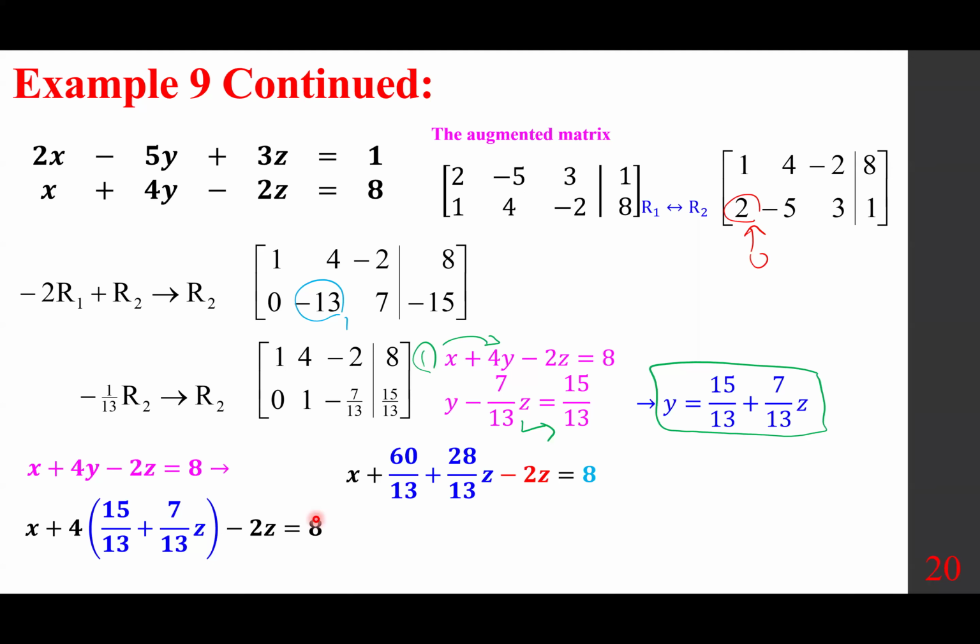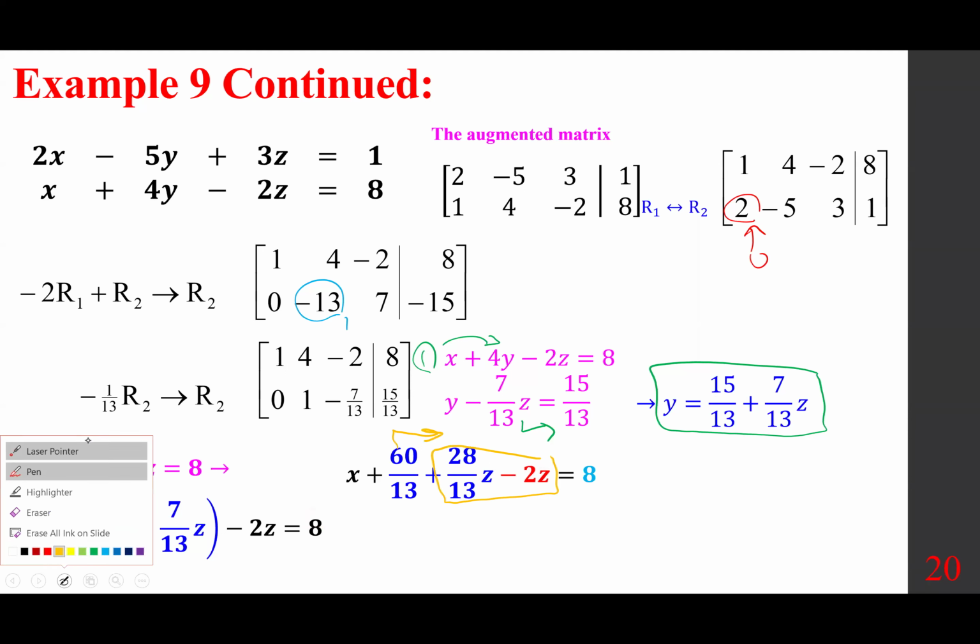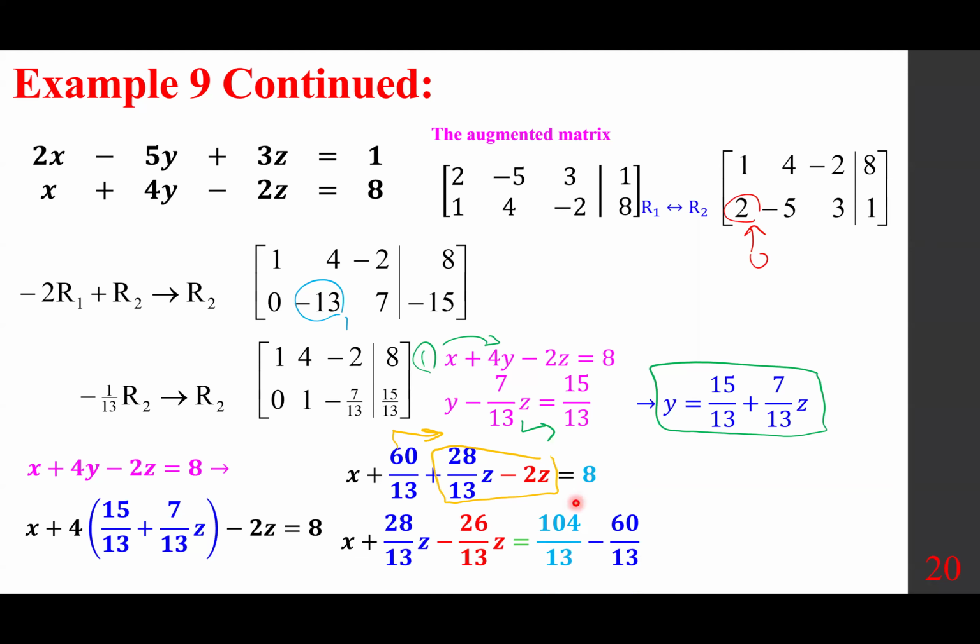So we are going to combine these two. And we are going to move this one. To do so, this we are going to keep, this we are going to write minus 26 over 13z. This we want to move to the other side. And because we want to subtract it from 8, 8 is 8 times 13 or 104 over 13. So please understand 8 is the same as 104 over 13 because we're going to combine it.